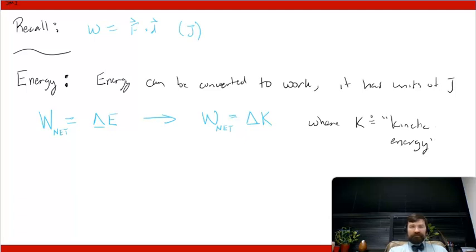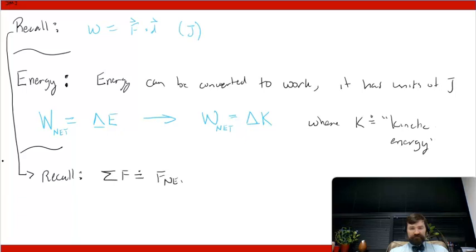So now we ask, how is kinetic energy defined? Well, one way of doing that brings us back into another level of recall. So recall that the sum of forces, which represents net force, is equal to mass times acceleration for our system. And recall further that 2 times a times delta x is equal to v final squared minus v initial squared.